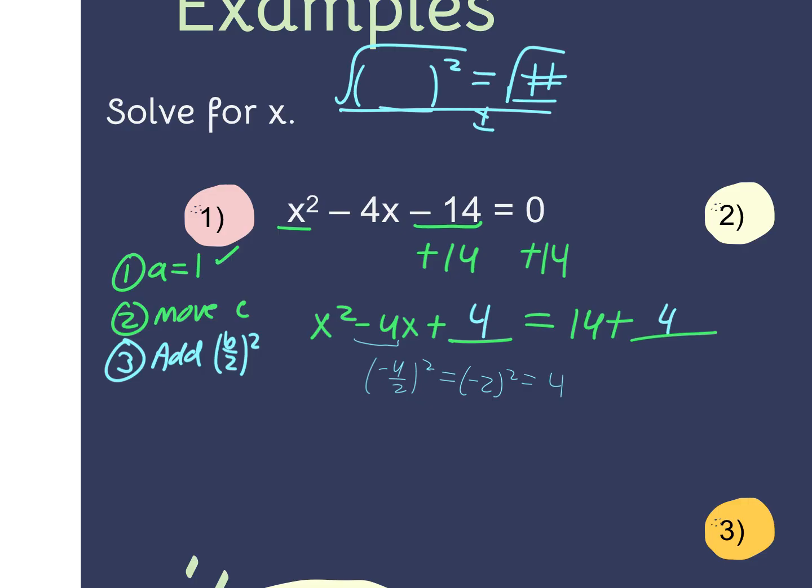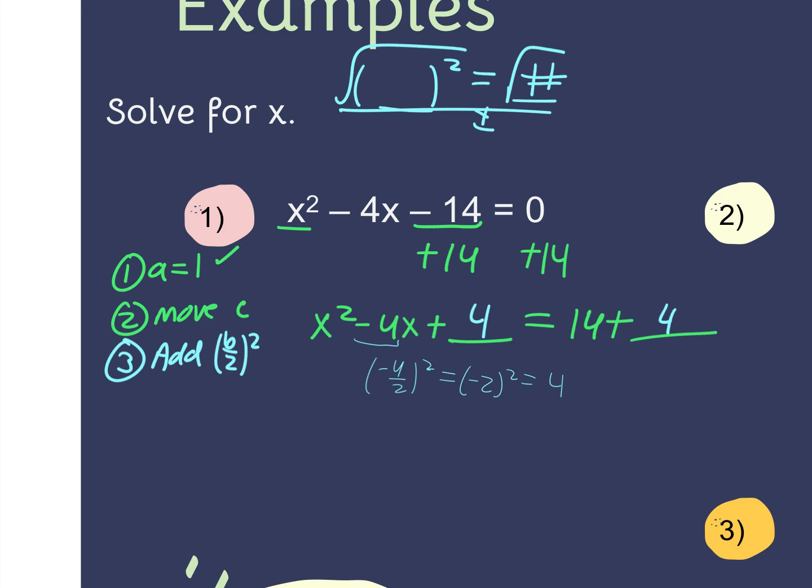Maybe we don't see why yet, but look at what's on this side of the equation. Does that factor any special way? Can we do anything to this? x squared minus 4x plus 4, what does that become? It's a perfect square trinomial. And that's going to work out every single time when you're completing the square.